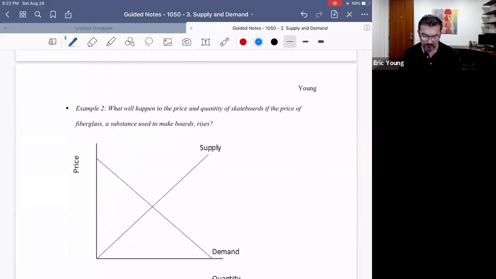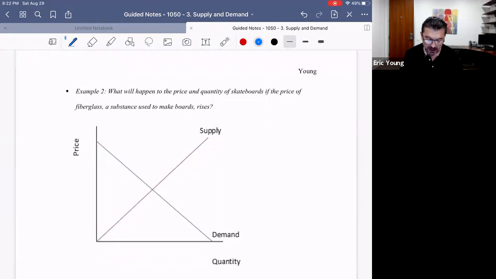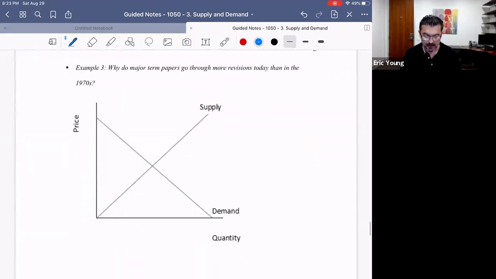Example number 2, what will happen to the price and quantity of skateboards if the price of fiberglass, which is a substance that is used to make skateboards, rises? Example number 3, why do major term papers that students write today go through many more revisions than term papers went through back in the 1970s?